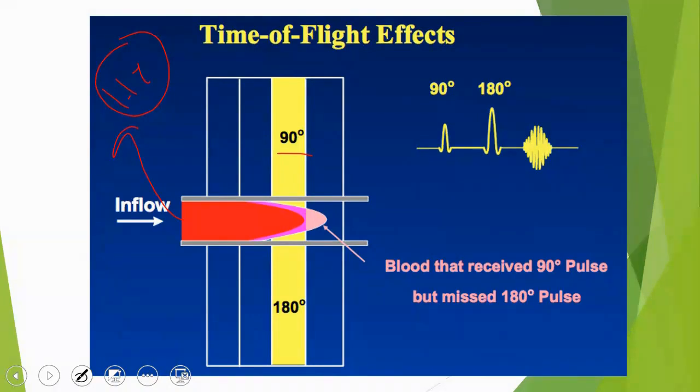During the 90-degree pulse in this slice, there may be a group of RBCs or blood present, whether in an artery or a vein. These RBCs or the flowing blood are exposed to the 90-degree pulse along with the surrounding tissues. So what should happen?